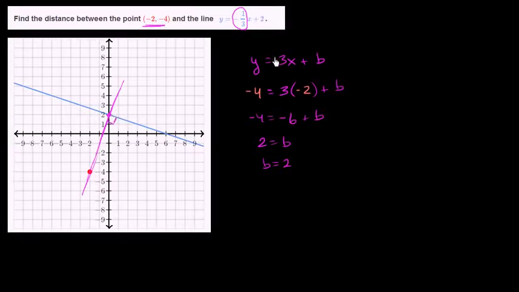If it wasn't so obvious, we could set these two equations equal to each other. We could say, look, we have 3x plus 2. We know that this is now 3x plus 2 because b is 2. When does 3x plus 2 equal negative 1/3 x plus 2? Well, let's see. If we subtract 2 from both sides, when does 3x equal negative 1/3 x?